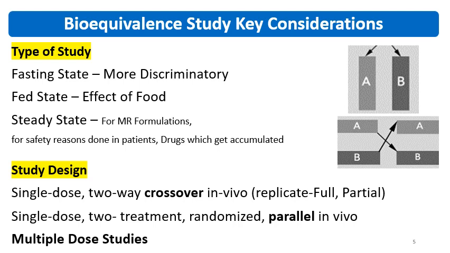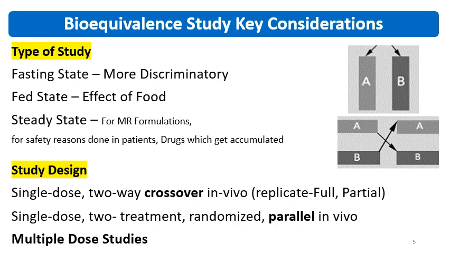Then many of the times the drugs which can get accumulated, and the PK profile can be studied only after the rate of absorption and the rate of elimination is constant, that means the steady state.